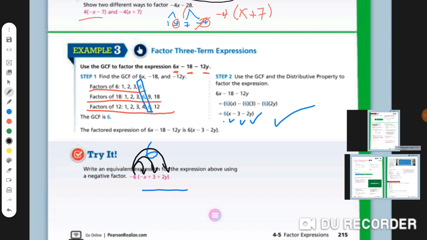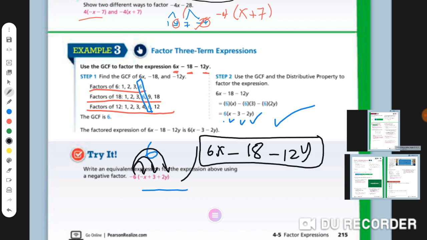It will give you the same answer, which is 6x minus, because negative times positive is negative, 3 times 6, 18. And negative times positive is negative, 2 times 6, 12. It gives you the same answer. I can write it in the factorized form. Okay?